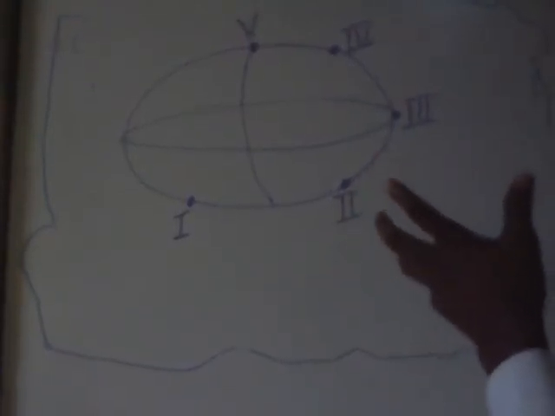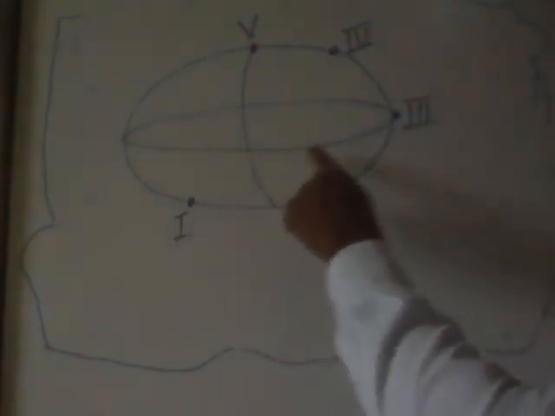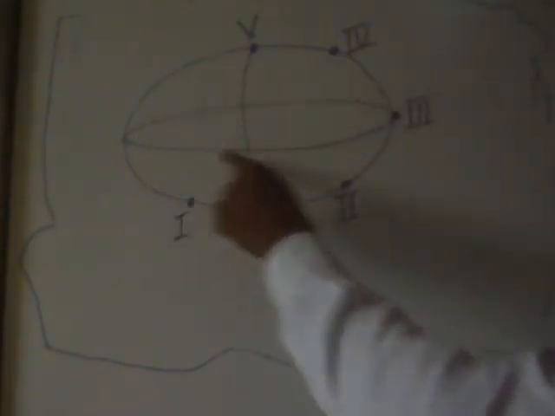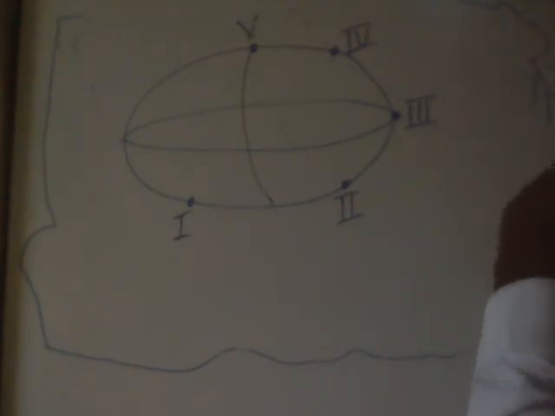This is the Earth's surface, Earth as a planet. This is the equator, and this point is a pole. This is another pole, North Pole and South Pole.